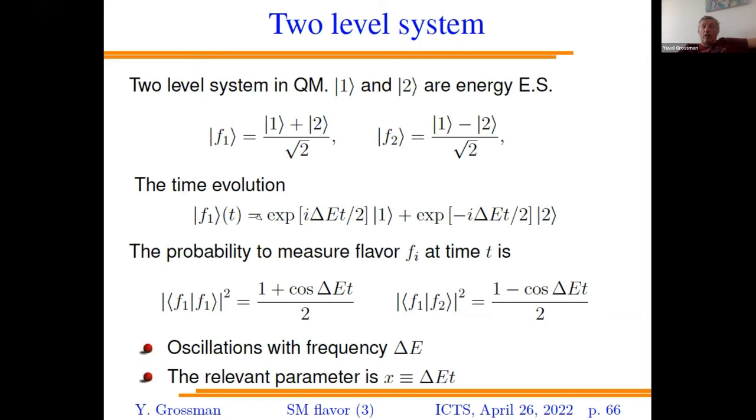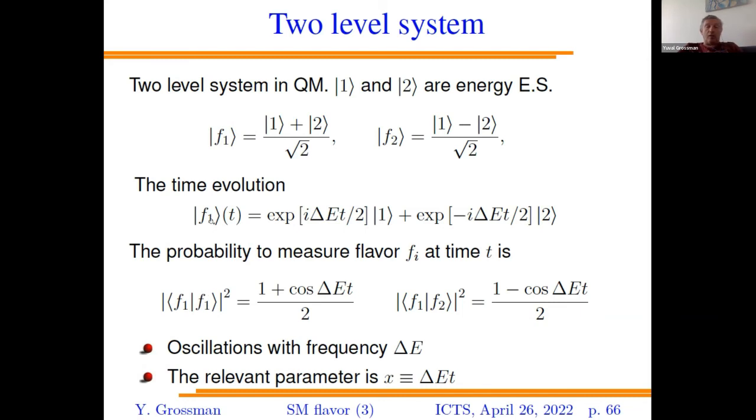There's an overall factor here of e to the i E average t, which is just an overall phase that I don't care about. And then I ask, what is the probability to measure flavor F1 at some time t? It's given by the projection of F1 of t onto F1, all squared. I'm really sorry, I don't know how I messed up so much.